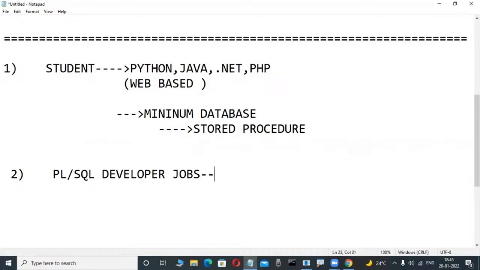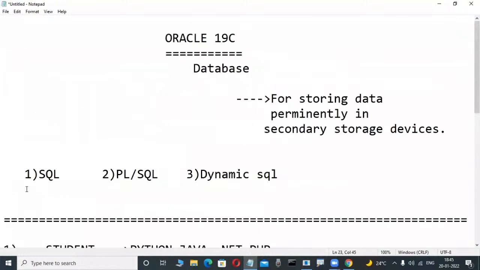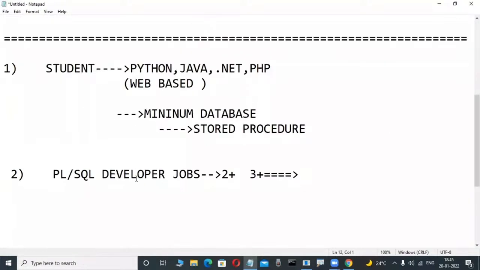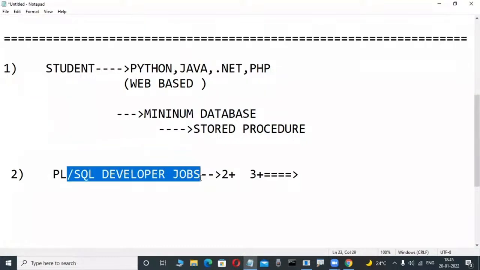Those persons are in our course. They are learning this course for PLSQL developer purposes. So many fellows are learning this course from me. Actually, I am a senior PLSQL developer, that's why I have in-depth knowledge, and I am teaching only PLSQL.